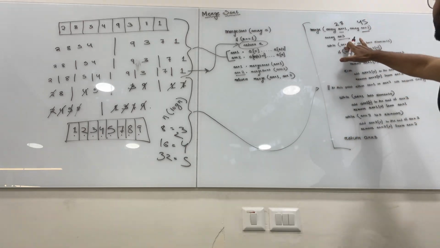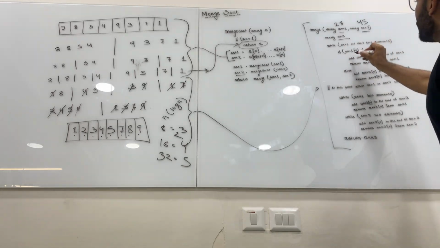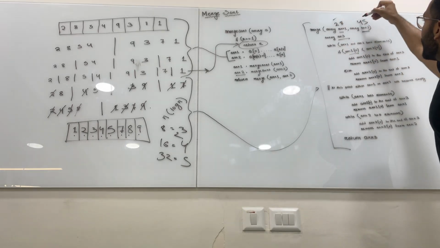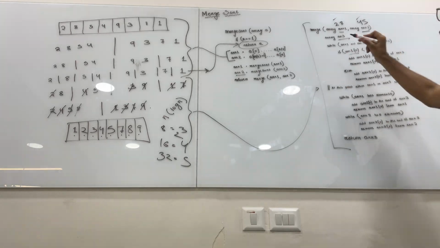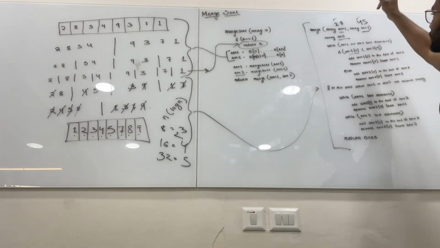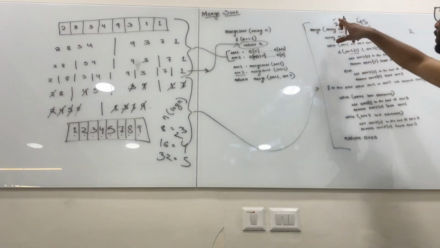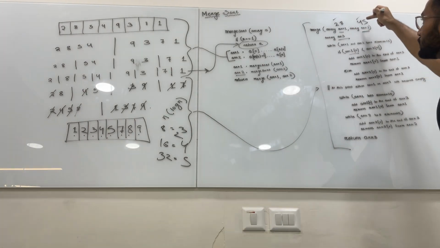While we have array 1 and array 2 elements, we compare the first values, the 2 and the 4, and whichever is the smaller one, we put it into the other array, that is 2, and we remove that from array 1. So now array 1 is of single unit and array 2 is of 2 units.